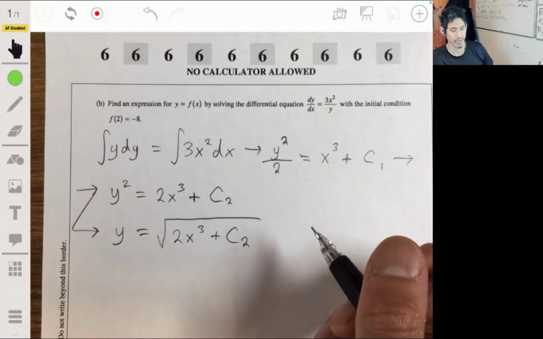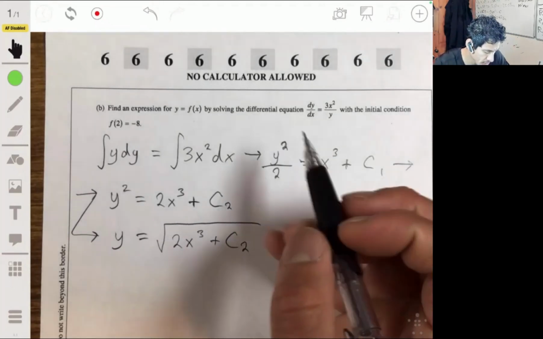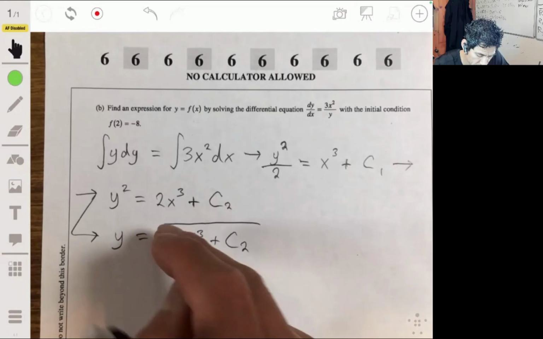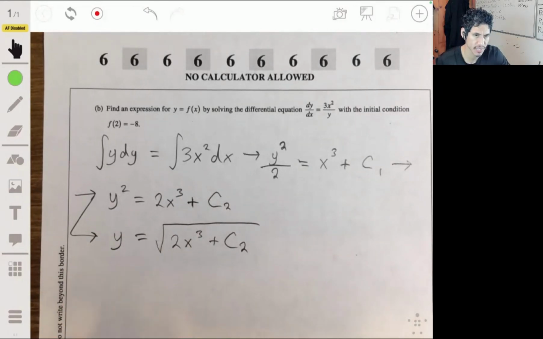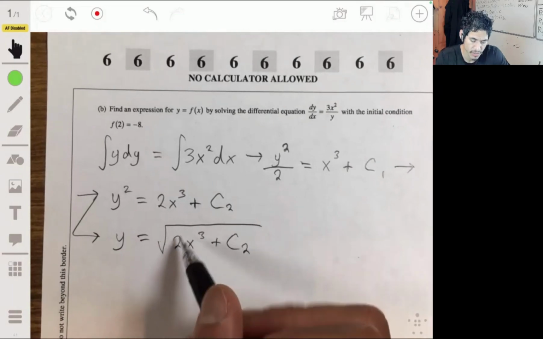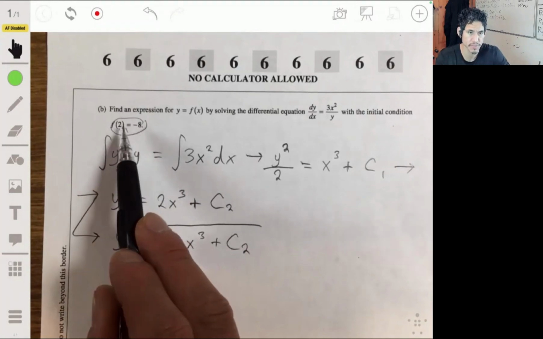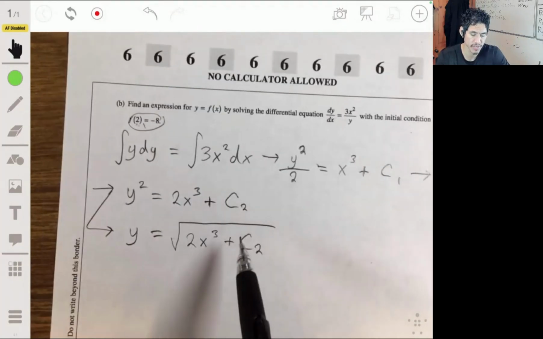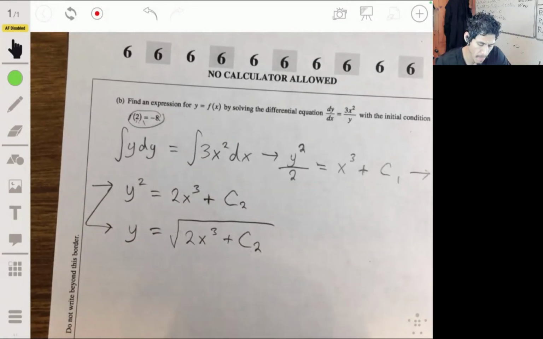We're pretty much done except for this one technicality, because we don't know if it's going to be positive or negative, which again is a weird technicality, but this is where we can use the fact that it goes through this point to solve for the correct c2 and for the correct positive or negative square root.